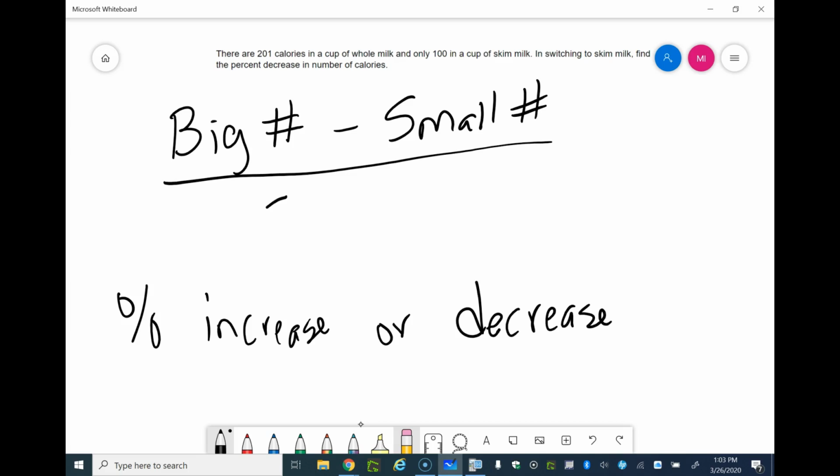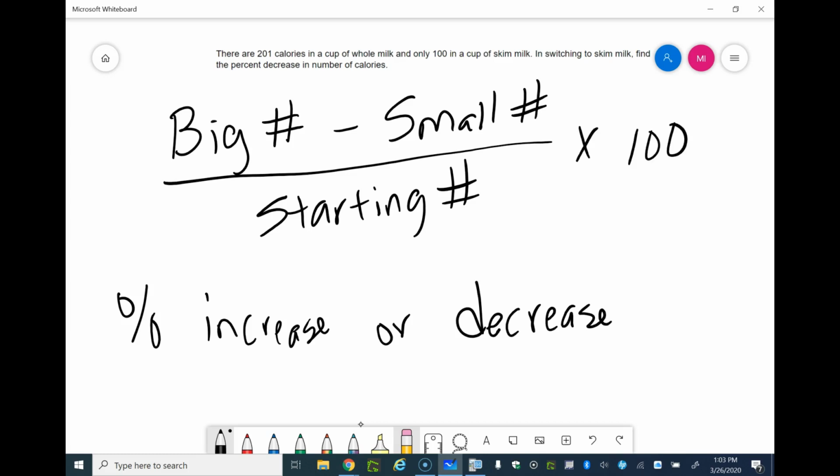They both mean the same thing, but sometimes a lot of students prefer different terminology. I'm just going to put starting number, but you can say original number. And then we're going to take this answer and multiply everything by 100. This is to change it to a percent.